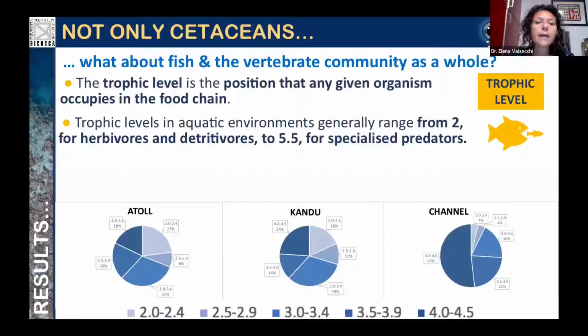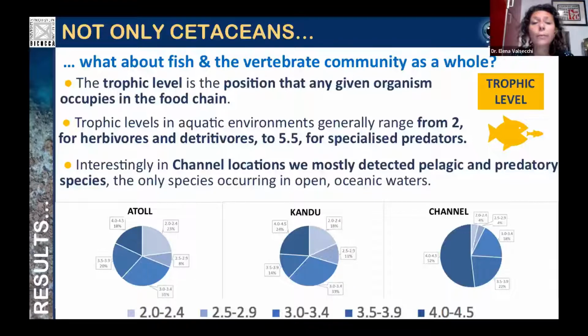What we see here is that while in the atoll and Candu samples, all 5 classes of trophic levels are more or less equally represented, in the channel samples we mostly detected pelagic and predatory species. This is not a surprise, but it's an interesting way of validating the power of environmental DNA in picking up the local community that we are sampling.